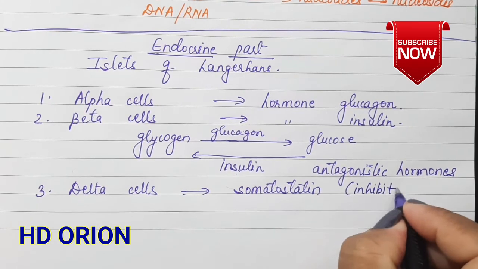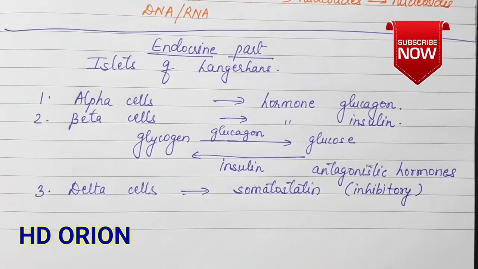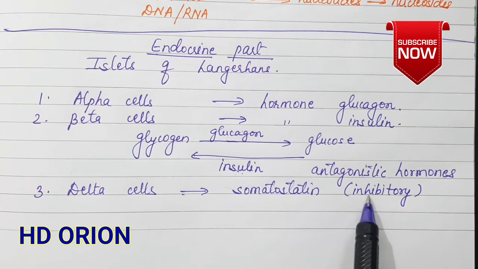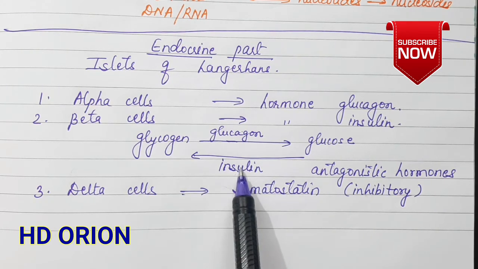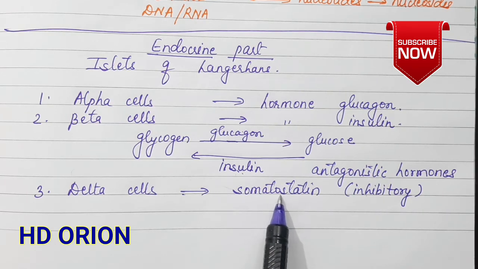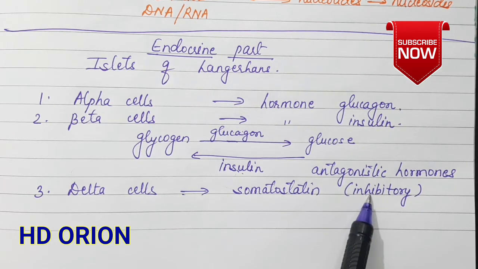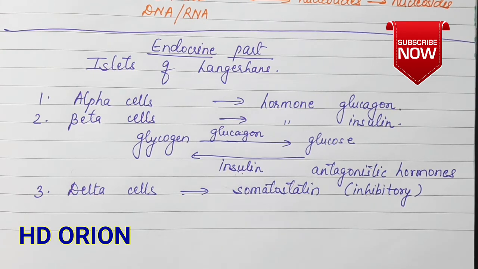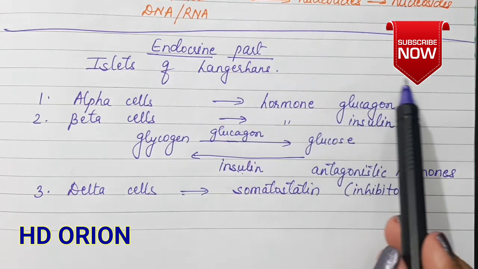All the other hormones accelerate the reactions, but this one is inhibitory, and this controls the formation or the action of glucagon and insulin, and therefore it has an inhibitory effect on the above two, the glucagon and the insulin. So the delta cells produce somatostatin, which is inhibitory in effect, and it controls the functioning of glucagon and insulin. So this is the endocrine part.